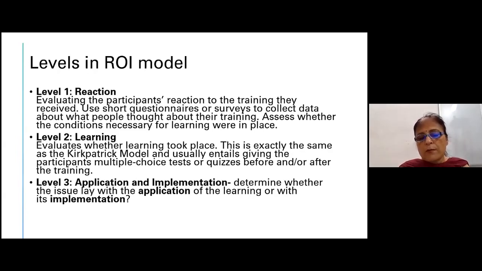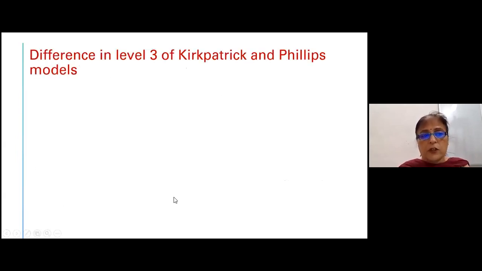If there's a problem, there's no transfer of learning going on, then this model gives a little extension to level 3 of the Kirkpatrick, and it says determine whether the issue lay with the application of the learning or with its implementation. This is necessarily at the job behavior level, the level 3, and the name is application and implementation. There is a little difference in level 3 of Kirkpatrick and Phillips models.